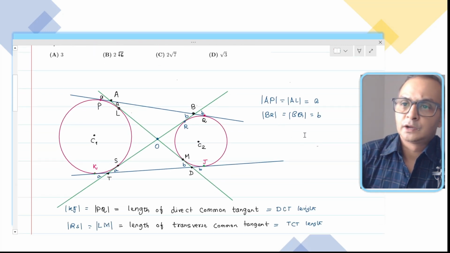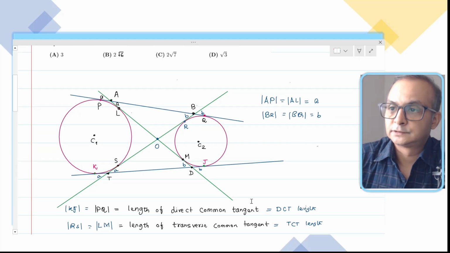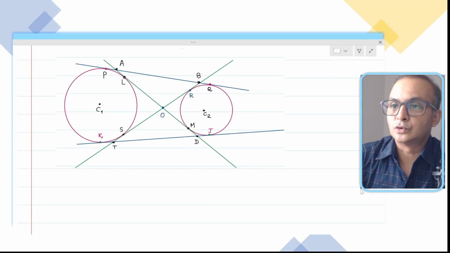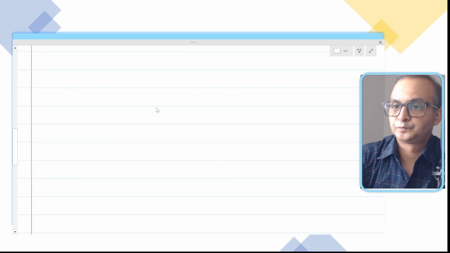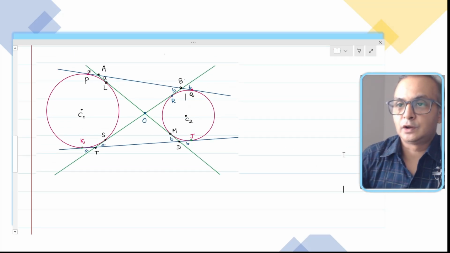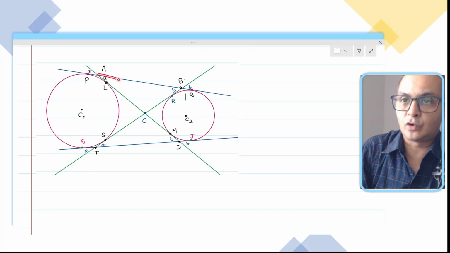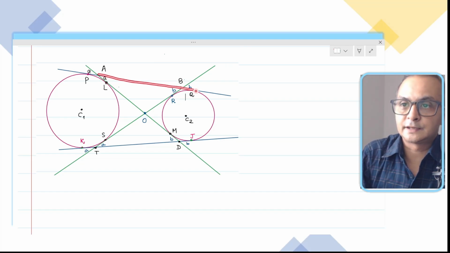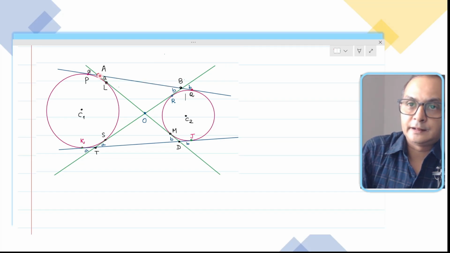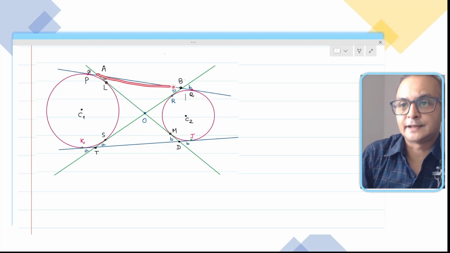See here, I'm taking this picture below. Notice that from A, I can again take two tangents to circle C2, one on this side and the other on the same circle C2 on this side. One has tangent length AQ, the other has tangent length AM.